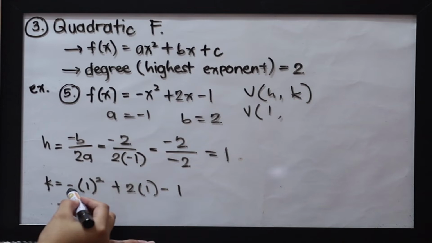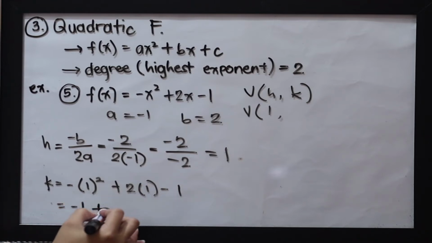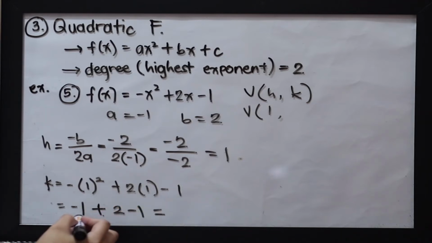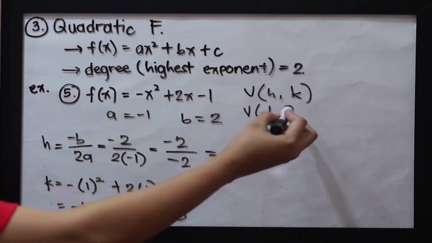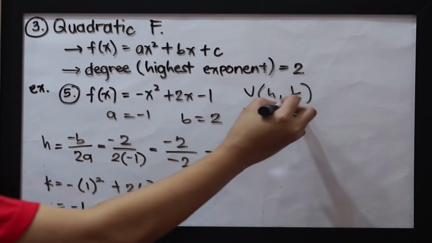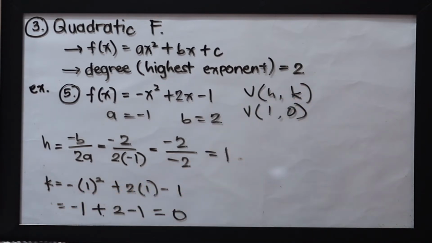Tapos multiplied by the negative 1, it becomes negative 1. Plus 2 times 1 is 2, minus 1. Then we simplify, negative 1 plus 2 is positive 1. 1 minus 1 is 0. So the y coordinate for the vertex is 0.